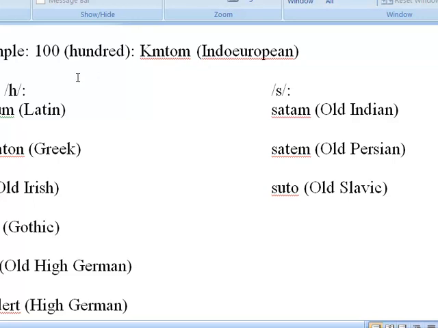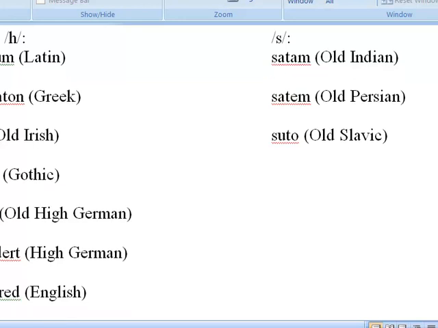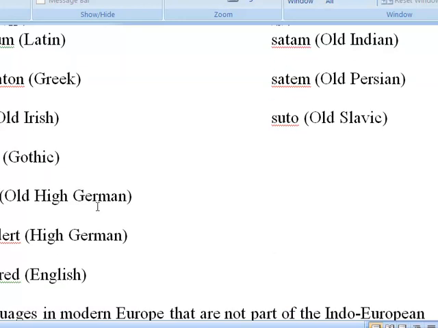But if we look over on our left-hand column, the languages that we're working with here, German and English, beginning with Latin, and we'll see throughout this presentation that the influence of Latin upon the development of English and German is immense. In Latin we have centum for 100, Greek hekaton, and then eventually down here in Gothic we have Hund, and then Old High German Hund to High German Hundert, and then English hundred.